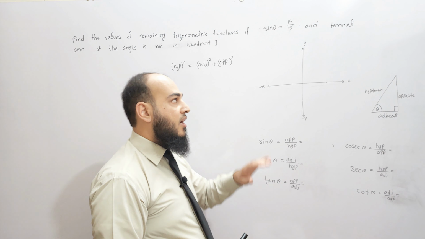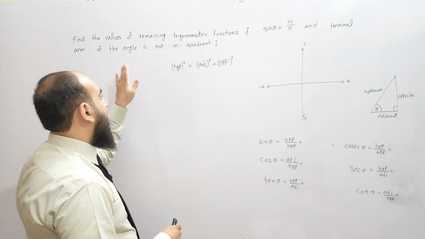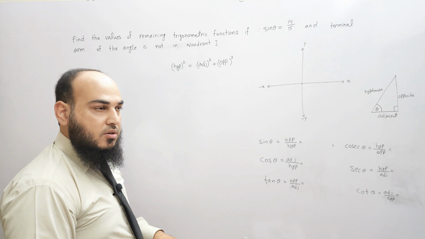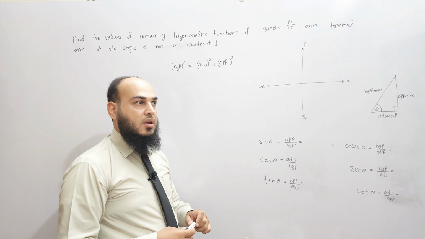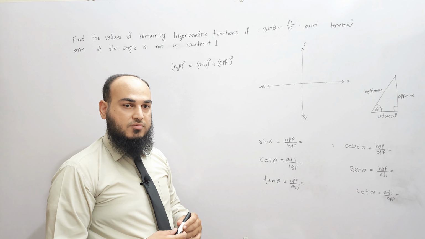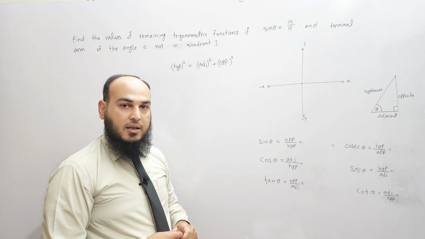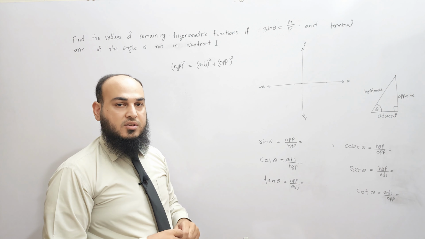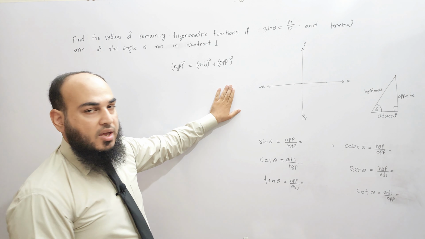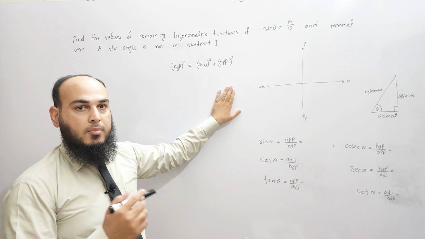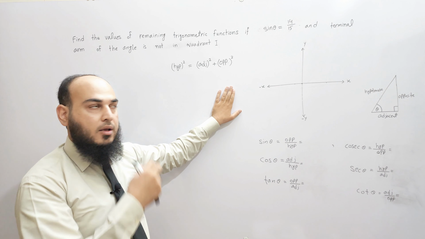But the difference is that the terminal arm of the angle is not in quadrant 1. We don't have the position of the terminal arm in the quadrants. We don't know where the terminal arm of the angle is. This is the difference. Now we have to identify ourselves where the terminal arm of the angle is.